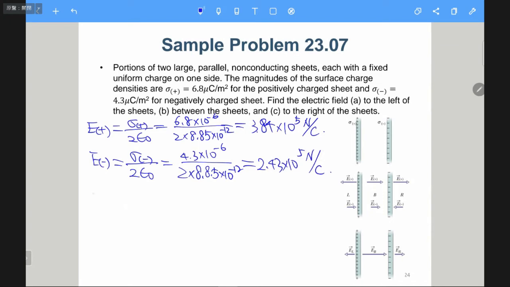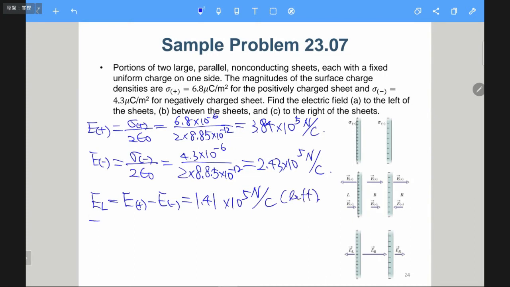Okay, so we have E left, which is this part. So we have E plus minus E minus, which is 1.41 times 10 to the fifth power Newton per Coulomb, pointing to the left side.